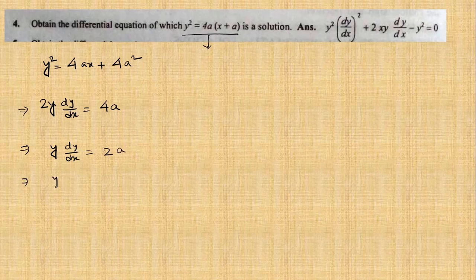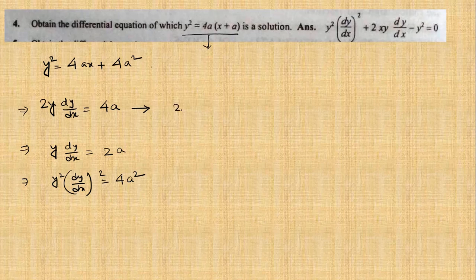If you square, that is y square dy/dx whole square equals 4a square. What is the value of 4a square?